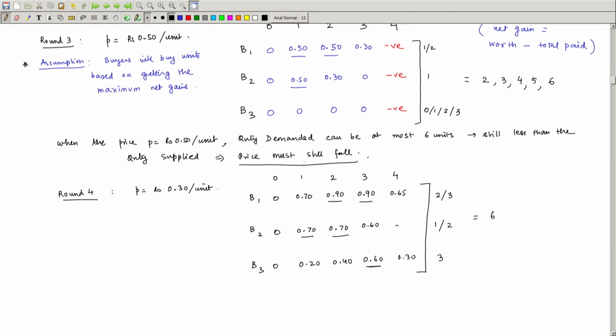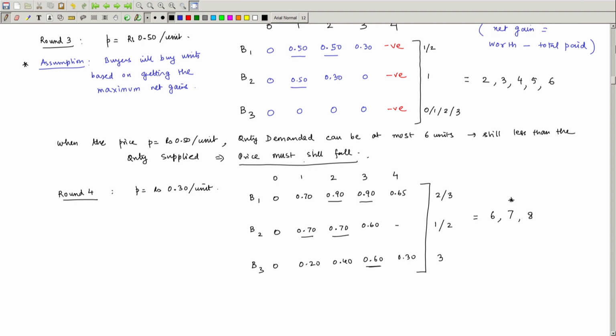Buyer 1 buys 2, buyer 2 buys 1, and buyer 3 buys 3 units, or can be 2 plus 2, 4 plus 3, 7. That is an interesting number, because that is exactly equal to the quantity supplied, or can be a maximum of 8 units, right.